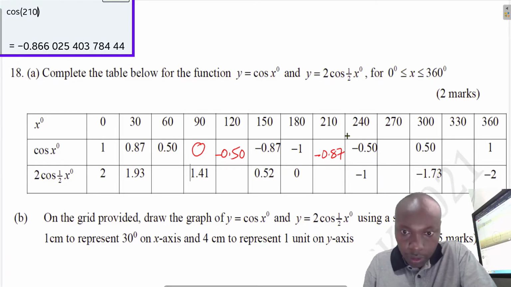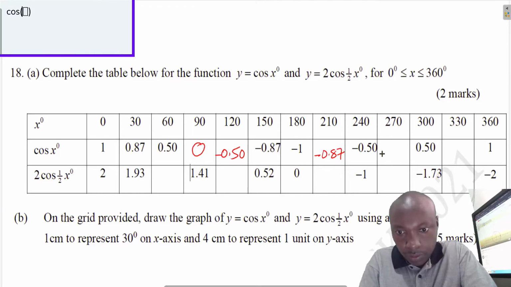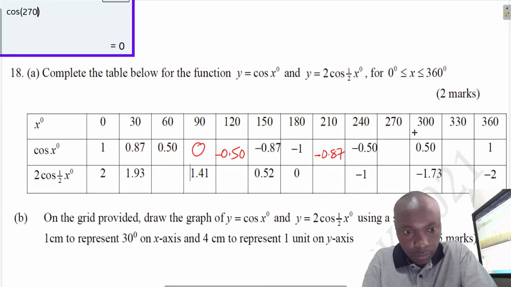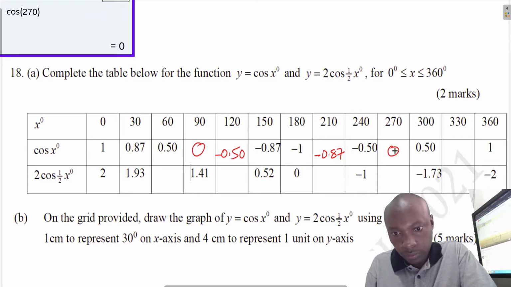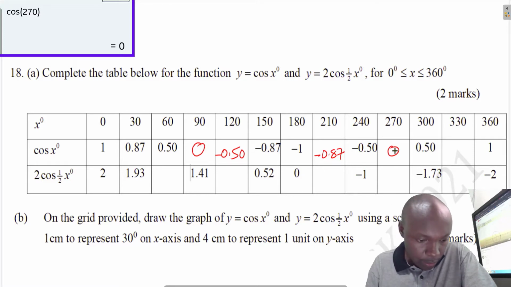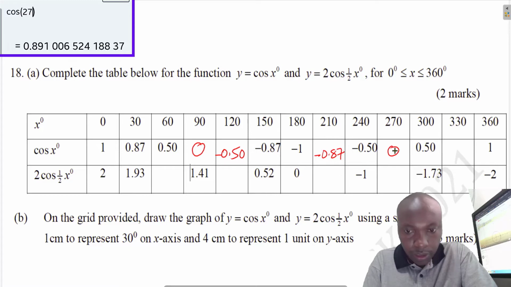Then this is 270, which gives 0. Then 330 will give 0.87.